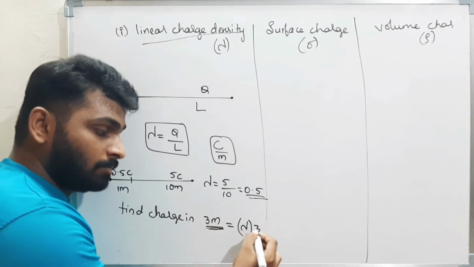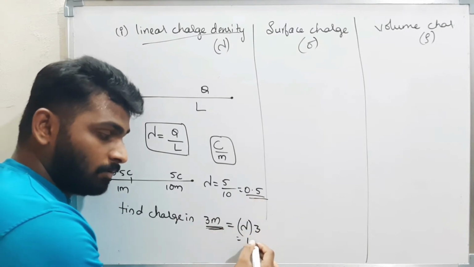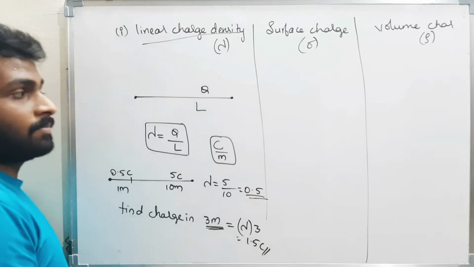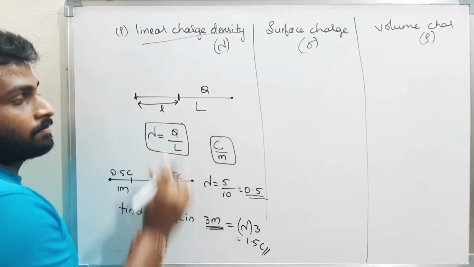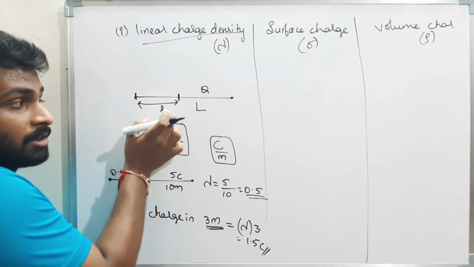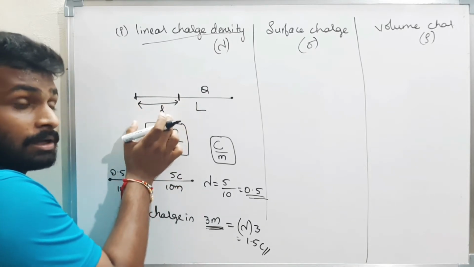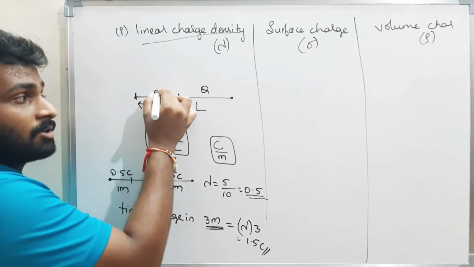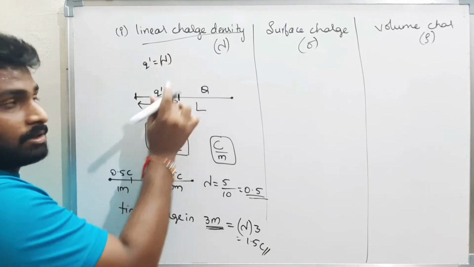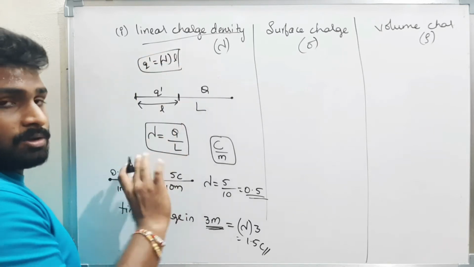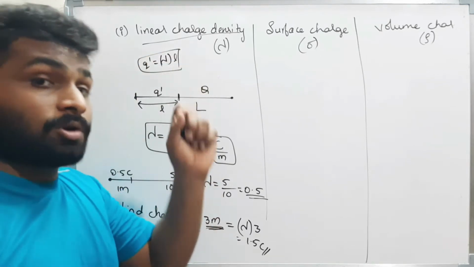Therefore lambda into 3, and lambda is 0.5, so 0.5 into 3 is 1.5 coulombs. That's all. If they ask for the charge present in this small length L, assuming the charge is Q dash, I simply get Q dash as lambda into L.